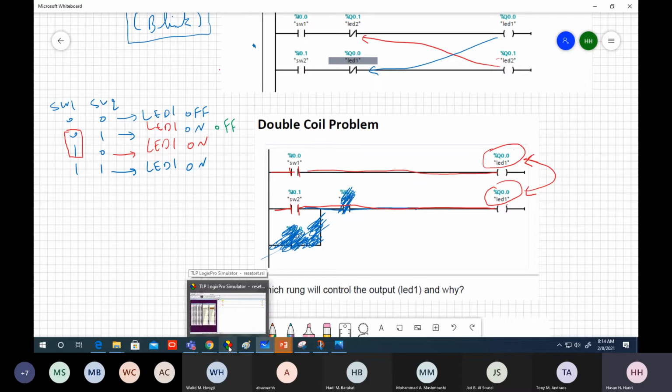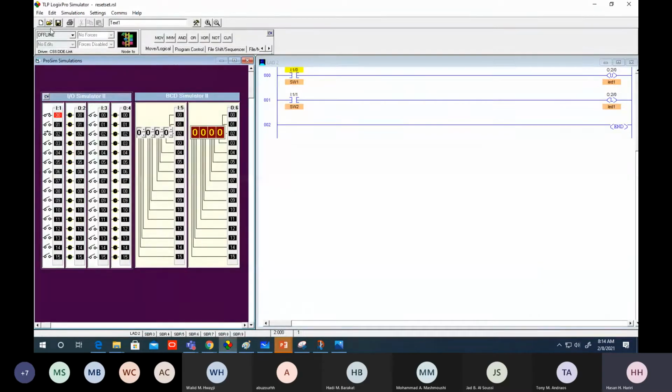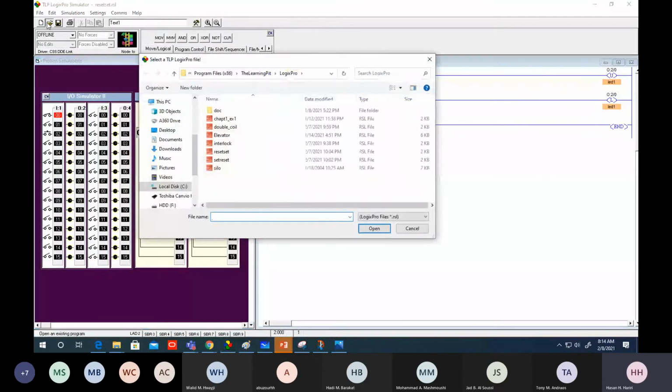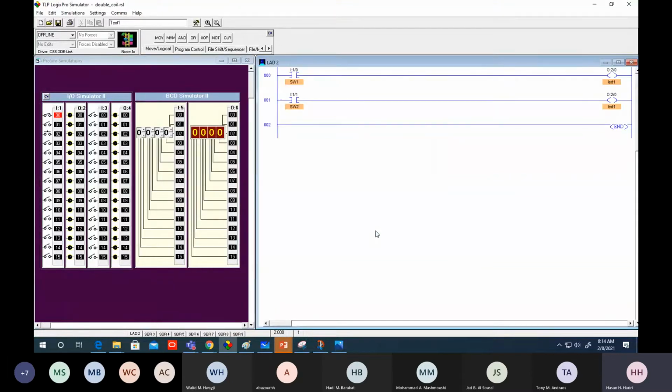Let's see what this problem is about. Open. I call it double coil, right? So that's the problem. That's it. So I will download it, and then I run it. Okay.